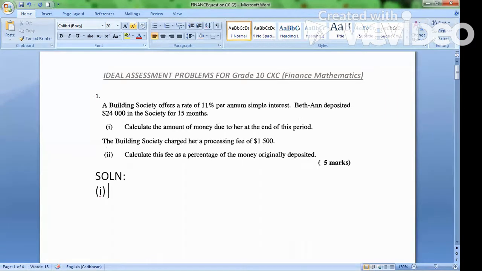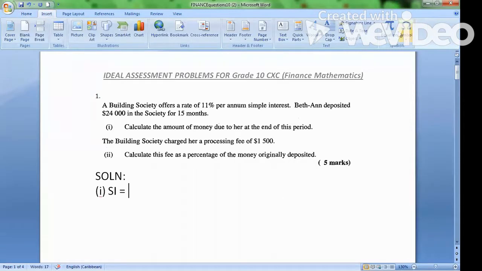Sir, let me try something. So would it be a case where simple interest equals the principal times rate times time over 100? Why are you using that formula?